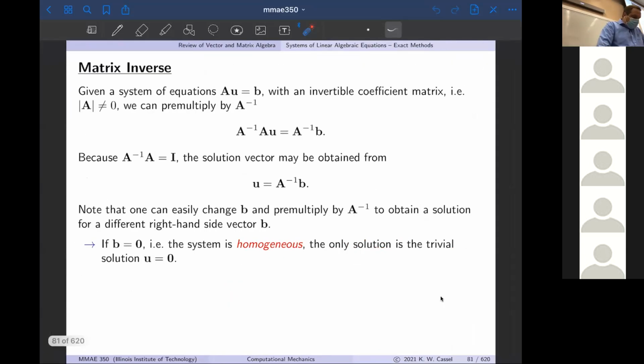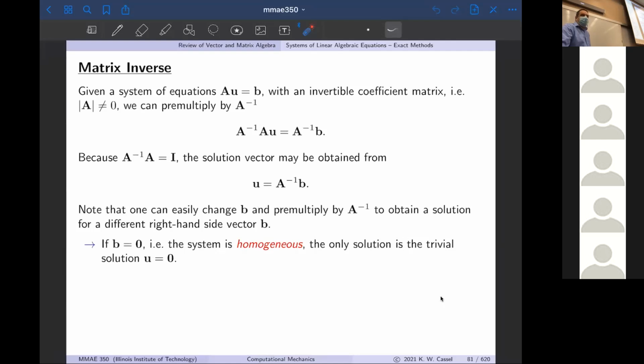The second common approach to solving these is matrix inverse. The good thing about Gaussian elimination, it is rather tedious, but it will always work. So even for our truss example, where we had 10 equations and 7 unknowns, if you did Gauss elimination on that system of equations, you will get the right answer.